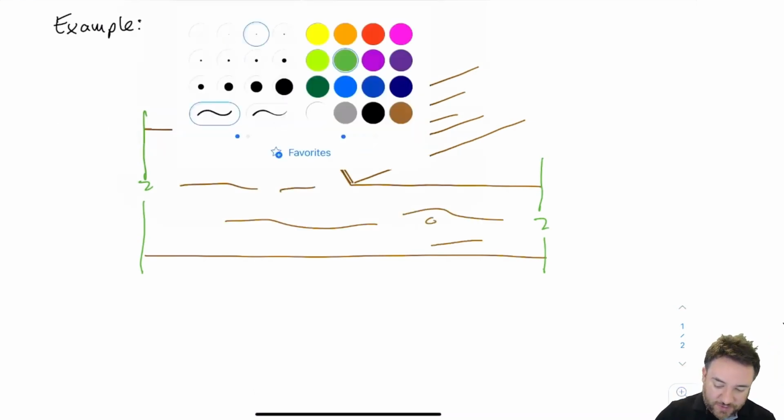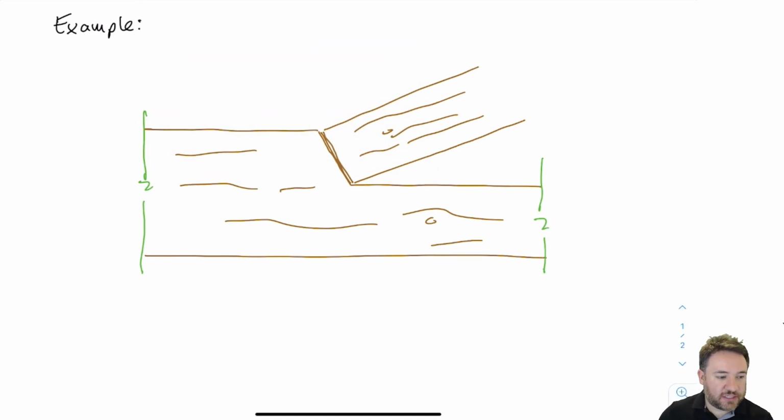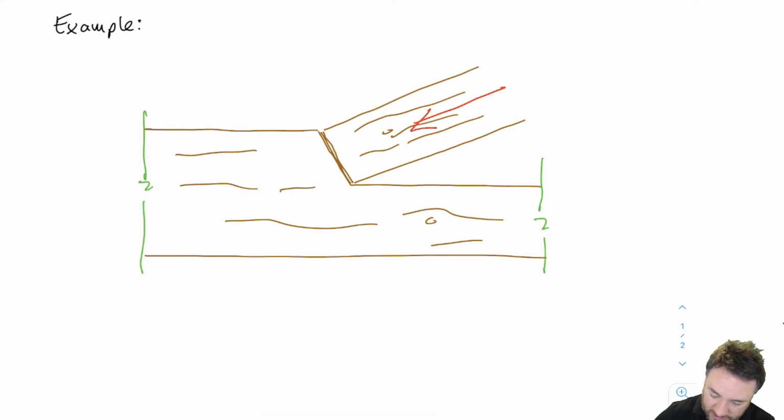Okay, so here I have two pieces of wood, one piece framing into the other. The piece of wood that is diagonal applies a load that is aligned with its own grain direction, but is not aligned with the piece that's receiving it.